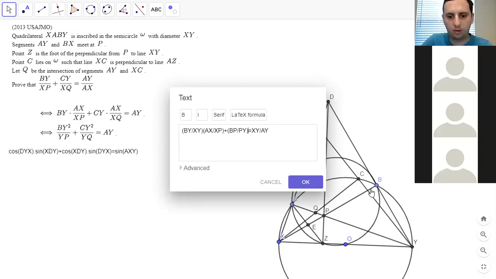It's better to write down cy over sy. Okay, cy over xy.